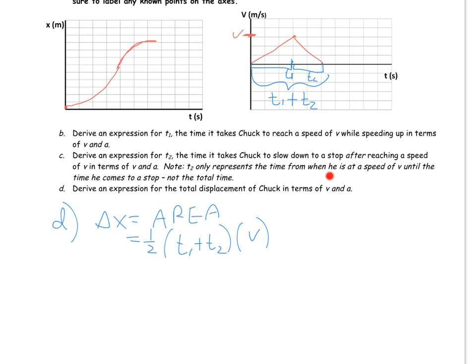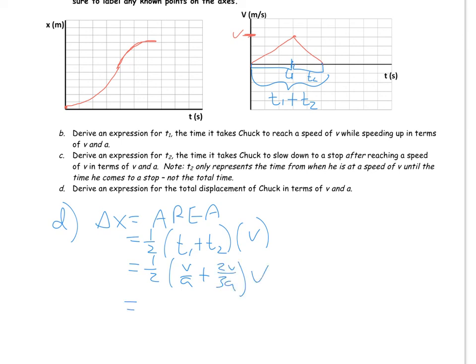Keeping in mind once again that I need to answer this in terms of v and a, I'm going to make some substitutions because I just solved for t1 and t2 in the previous part. This is another common thing you'll see: a lot of times the AP exam likes to pull parts of earlier problems to answer a final problem. So, substituting in for t1 here, I have v over a plus t2, which was 2v over 3a.